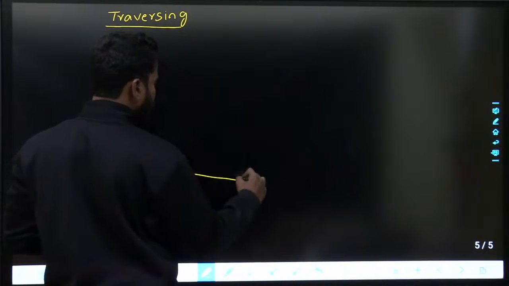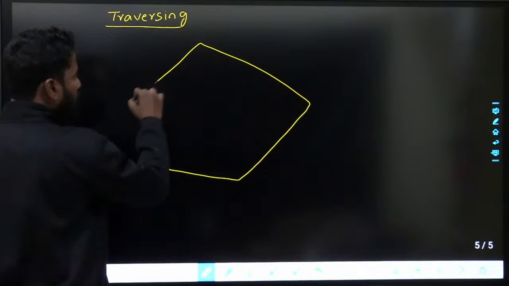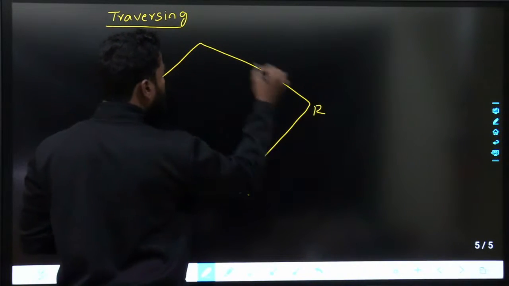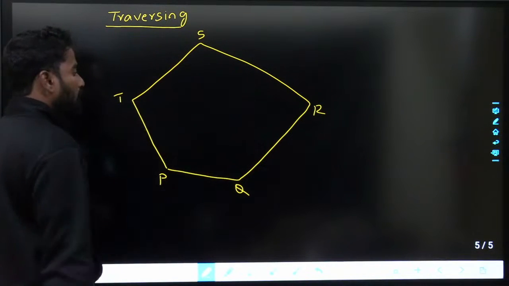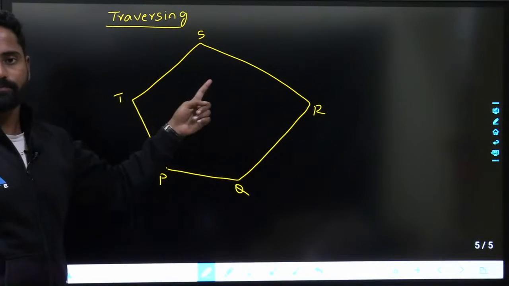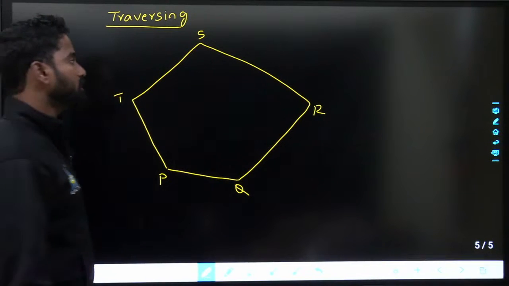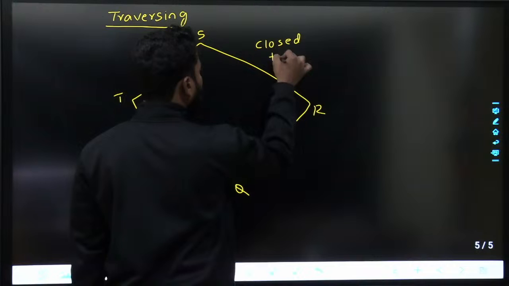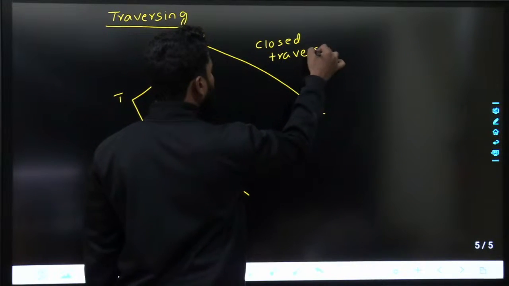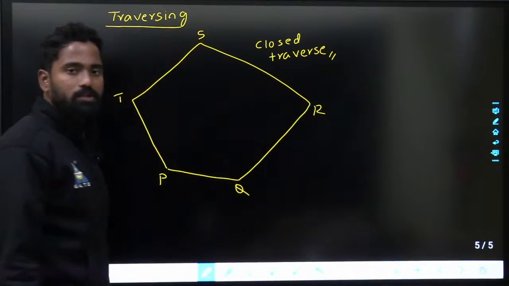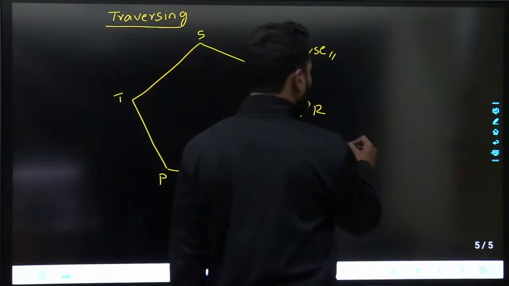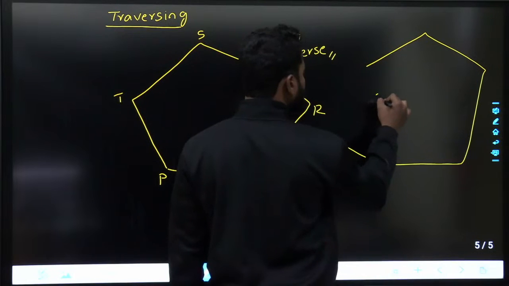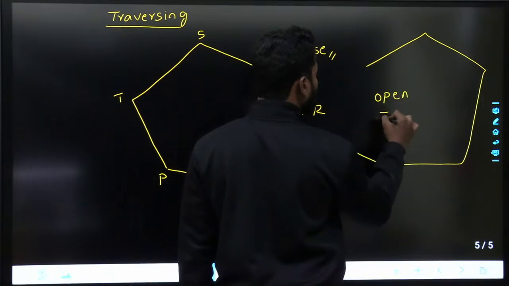Whenever I start, let us say you are finding stations P, Q, R, S, T. If it gets closed like this, then it is called a closed traverse. If it does not get closed, then this traverse is called an open traverse.